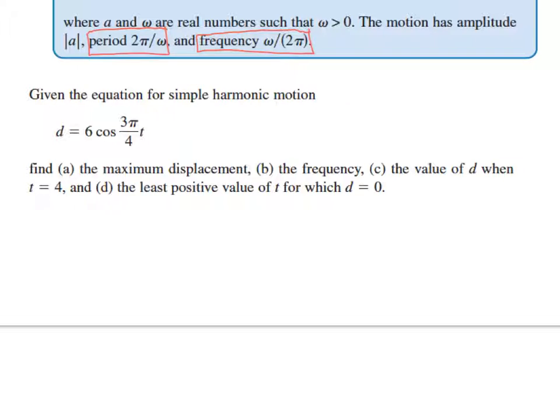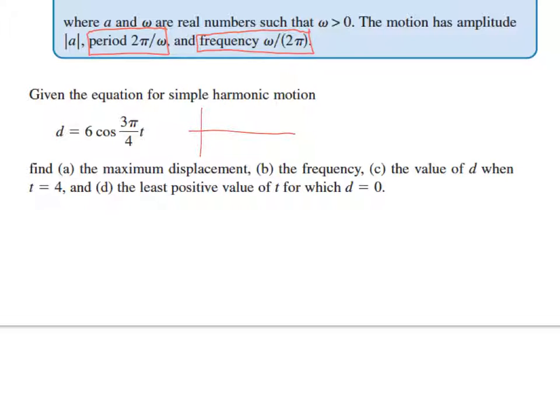So, think with me here. What would the maximum displacement be if our distance equaled 6 times the cosine of 3 pi over 4 times t? The maximum displacement, if we're starting at 0, what's our amplitude here?